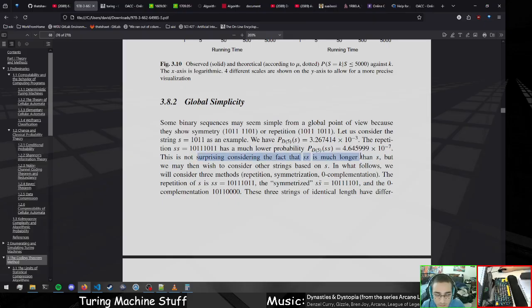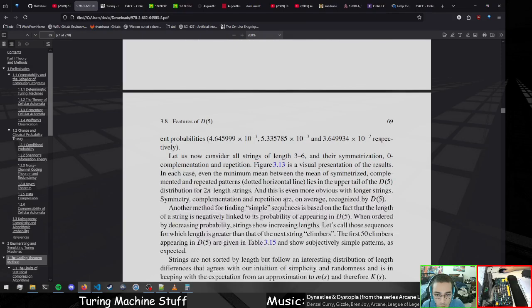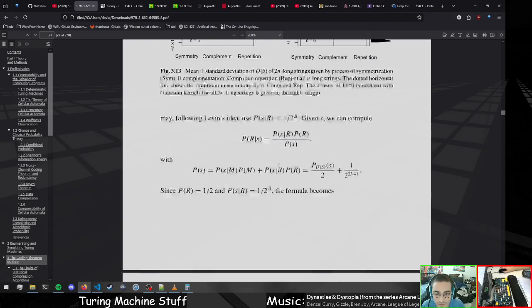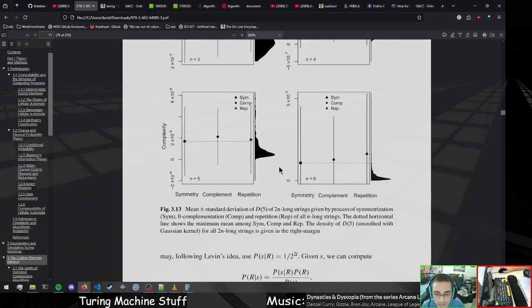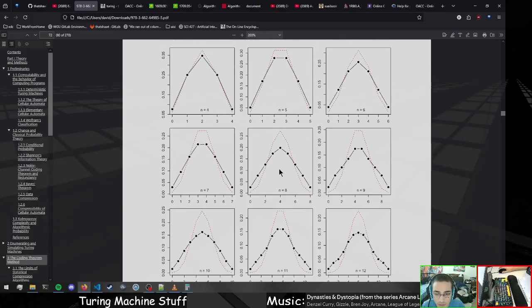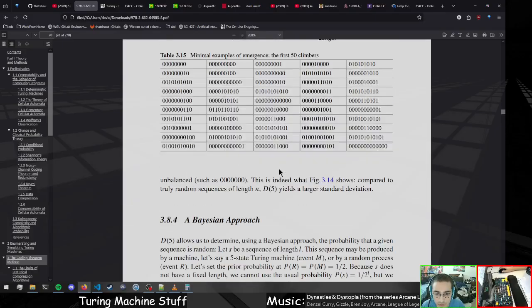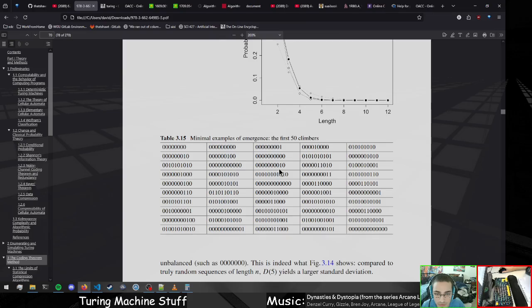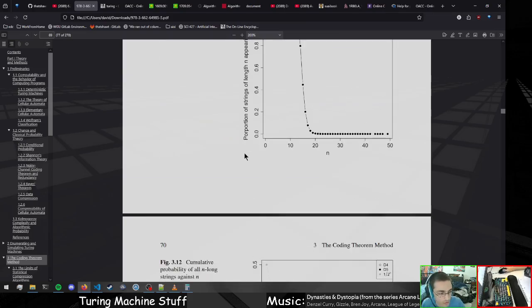Is not surprising. Okay, so they do stuff. They do stuff here. Bayesian. What the heck?